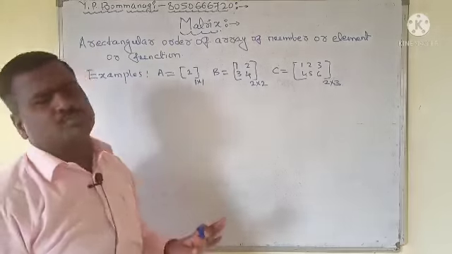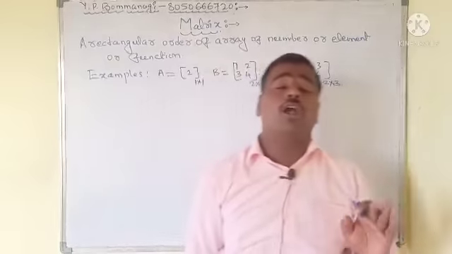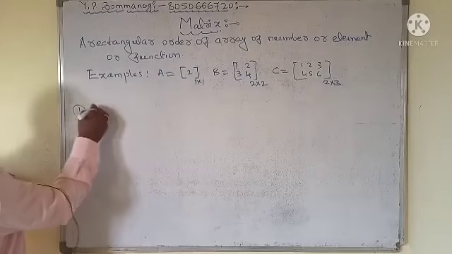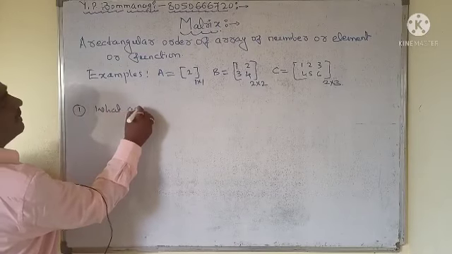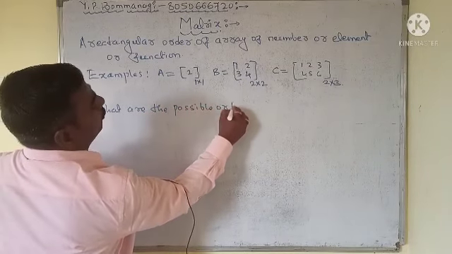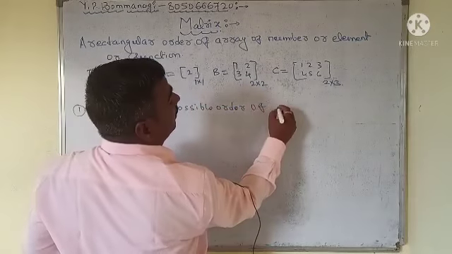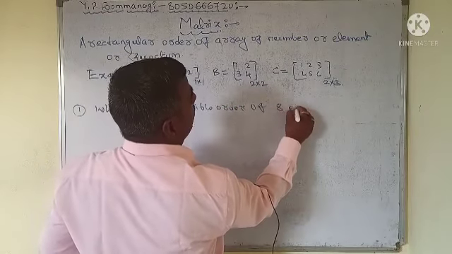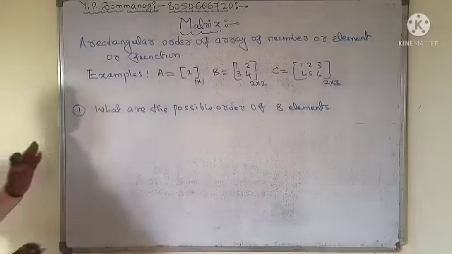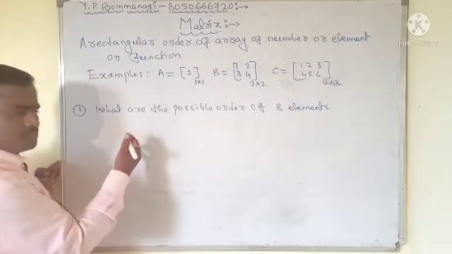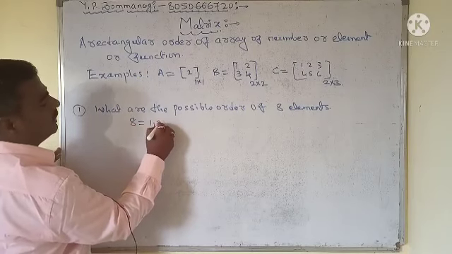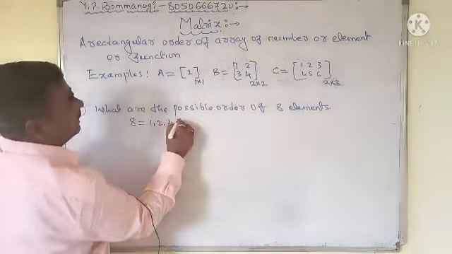So you know this most important concept. They ask a question: what are the possible orders of a matrix with 8 elements? How can you define it? Keep observing. What are the factors of 8? 1, 2, 4, 8.